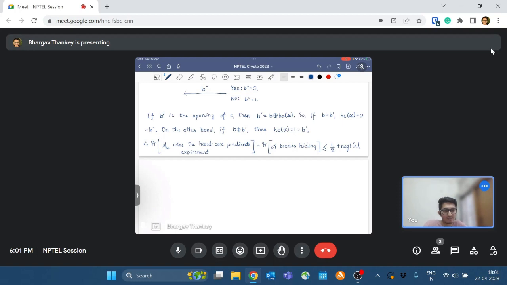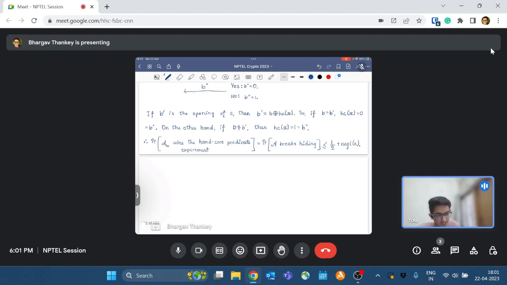Because the commitment is to a bit, you can guess the correct bit with probability half. So this is good enough. This means that this scheme has hiding.